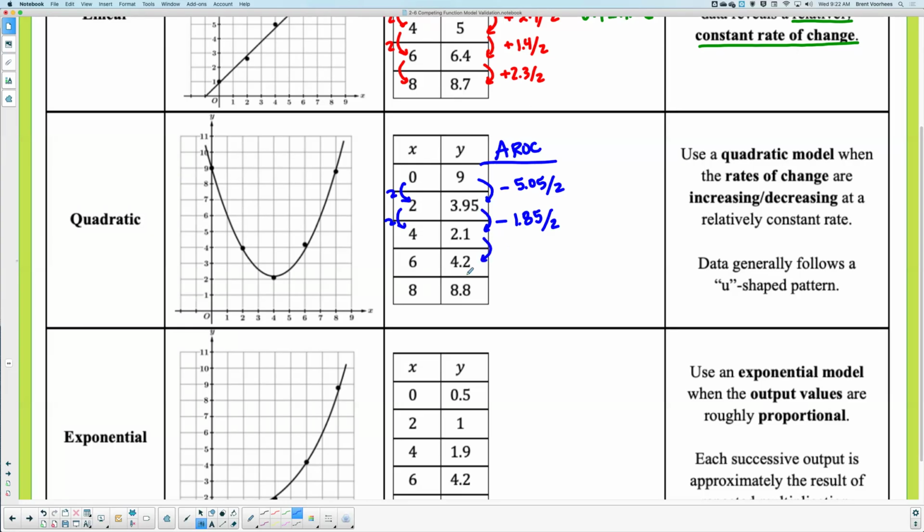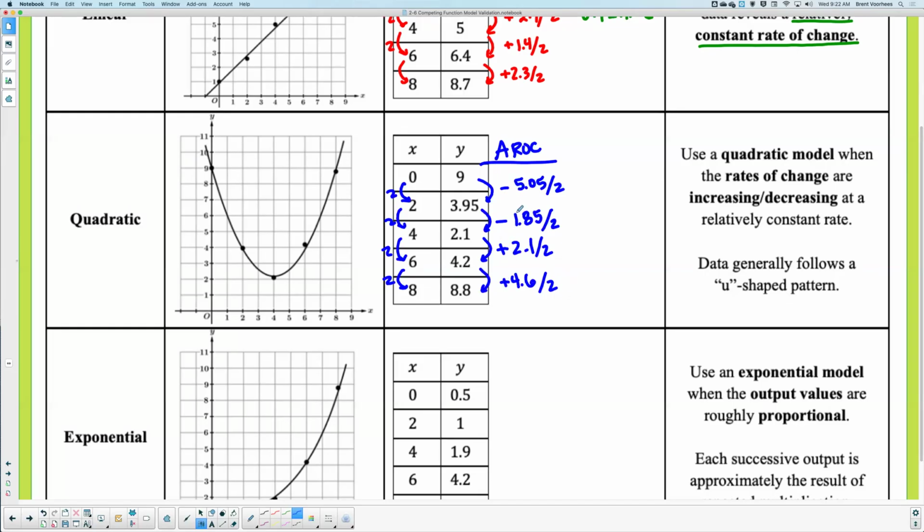Okay, how about here? This time we're not decreasing. Now we are increasing by 2.1 over 2. And then finally, how much do I increase by here? 4.6. And again, this is over 2. So this time you can see the AROC, it's not constant at all.